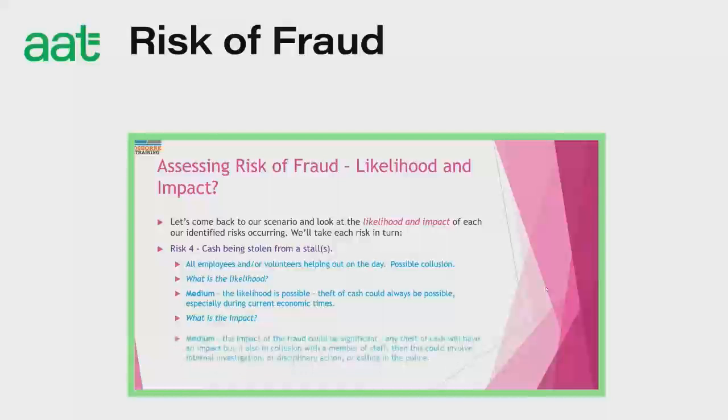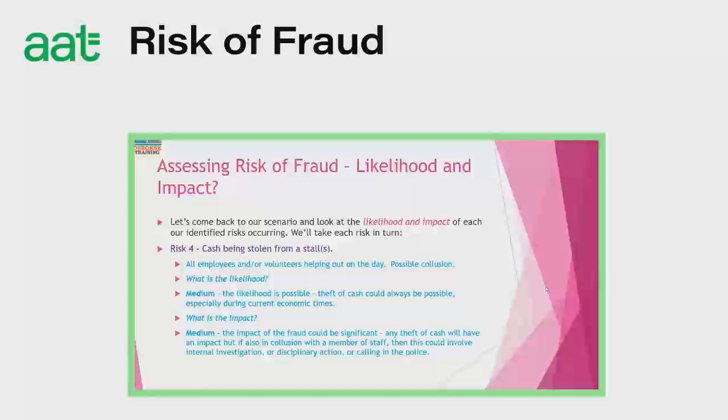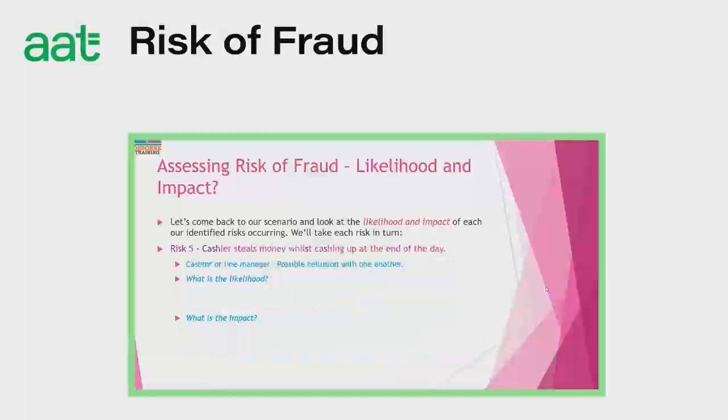The impact, medium, could be significant. Any theft of cash is going to have an impact, but if they're also in collusion with a member of staff, then this could involve internal investigation, disciplinary action, or calling in the police.